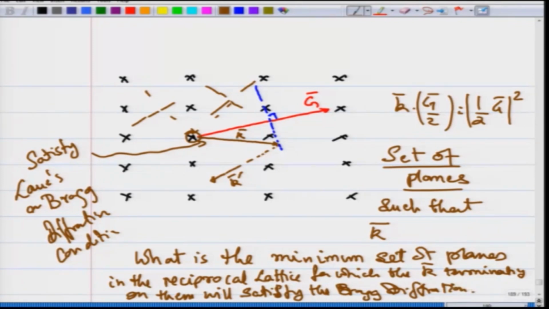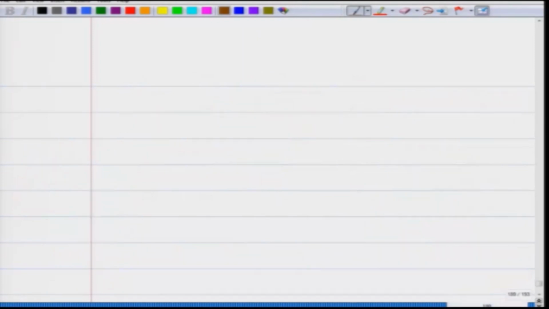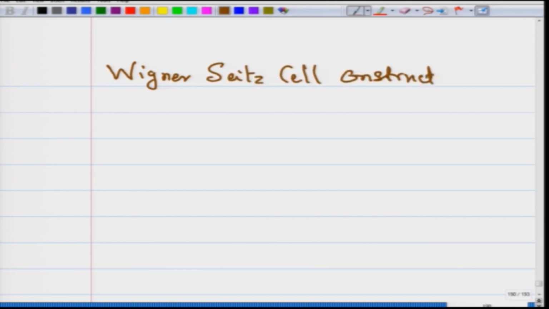That is given by a construction which you are already familiar with, the Wigner-Seitz cell construction. I had shown you earlier, when we were discussing crystals, the Wigner-Seitz cell for a real lattice. Now we will construct the Wigner-Seitz cell for a reciprocal lattice, and again the construction is exactly identical.